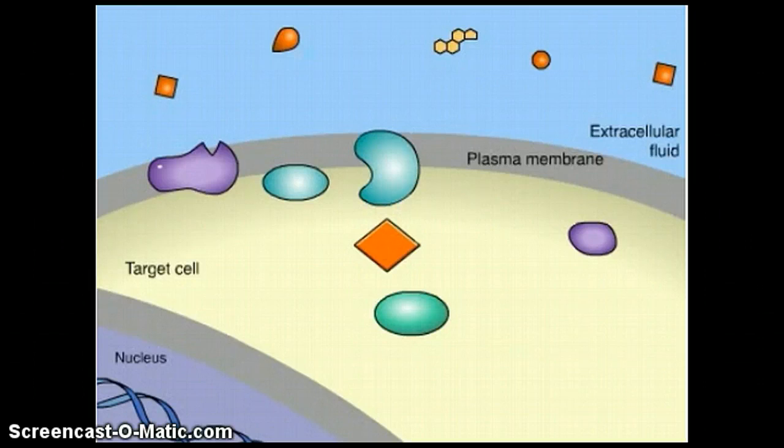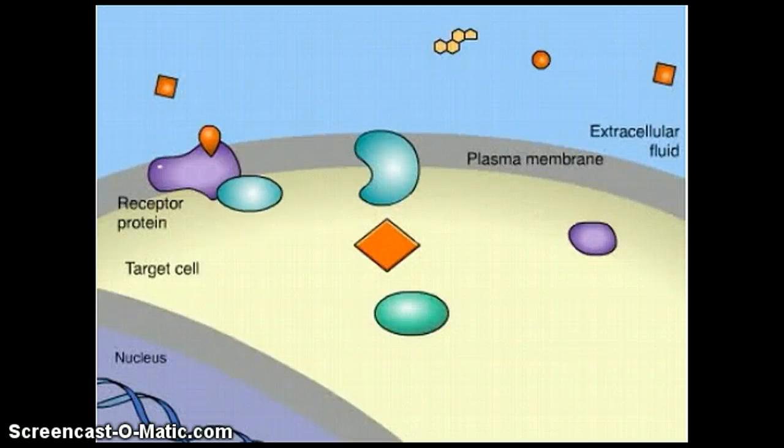These hormones can trigger an immediate response in target cells by turning cell components on or off. A non-steroid hormone binds to a receptor protein in the plasma membrane. The receptor activates a signal transduction pathway in the cell.